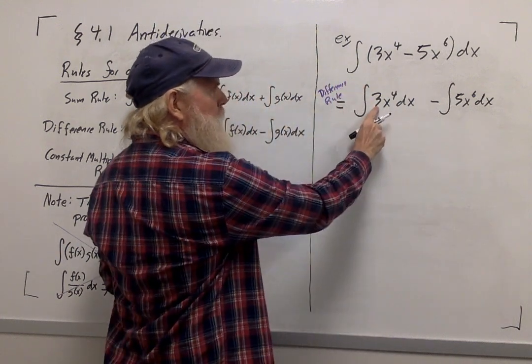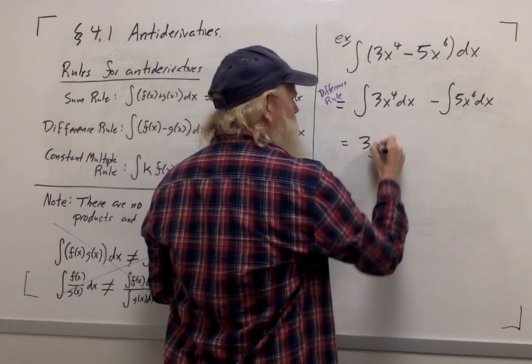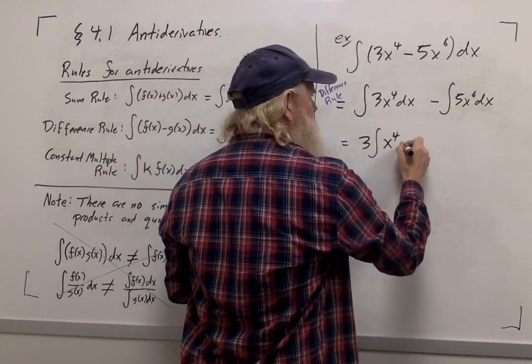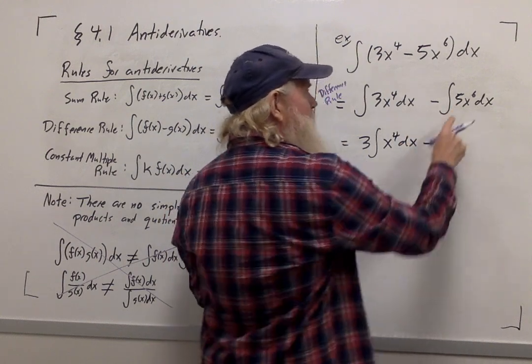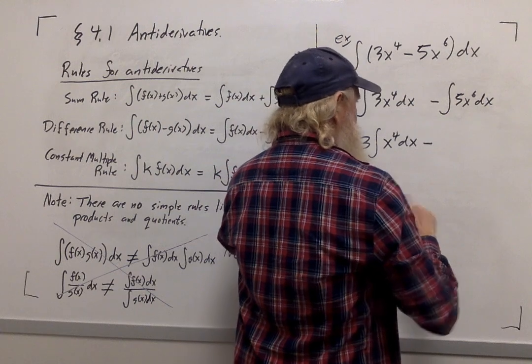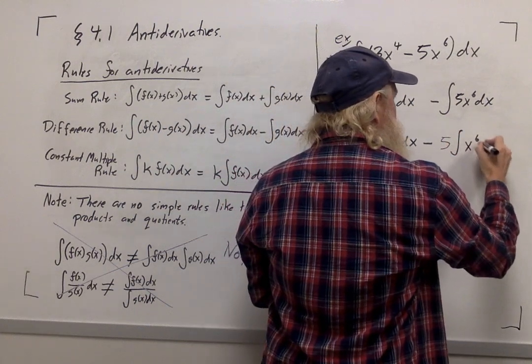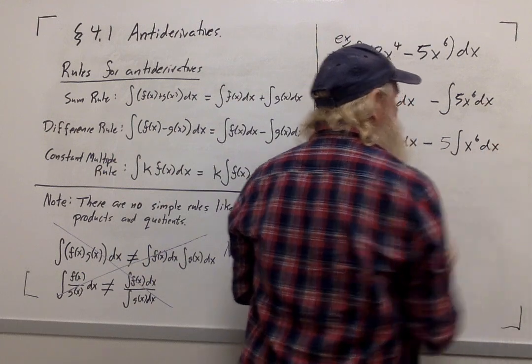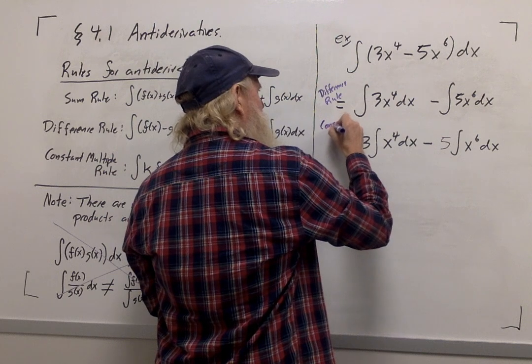Next, I have a multiple of 3 in this first antiderivative, and I can factor that 3 in front. And in the second integral, I can factor out the 5. So that was the constant multiple rule.